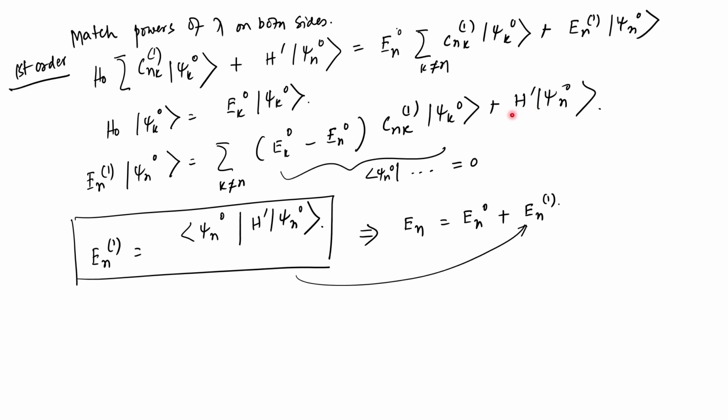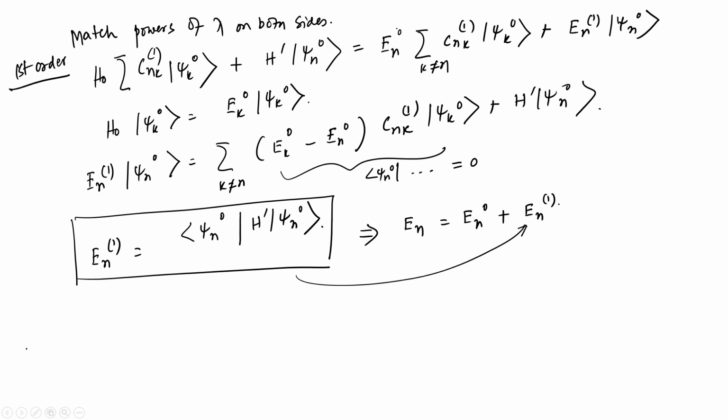And now we get bra psi m 0 and h prime psi n 0, which means the matrix elements of h prime will have to be calculated between two different orthogonal eigenstates of h, and that is what we do there.